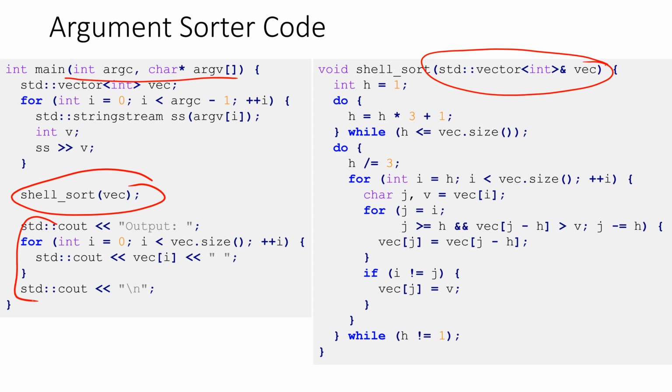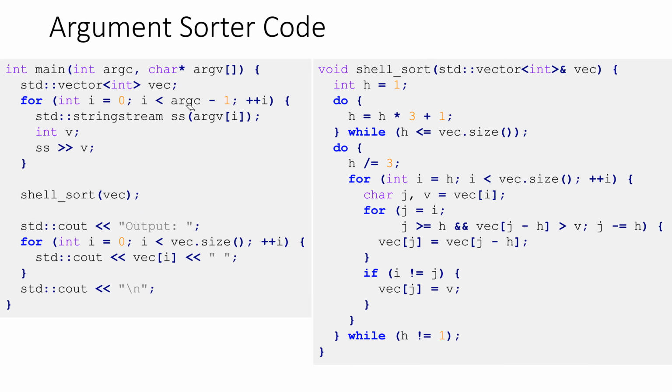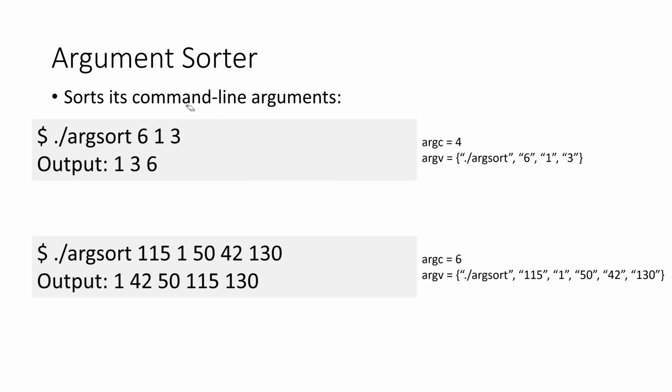So that's the high-level structure of this program. Get a bunch of integers from the command line, sort them using this function, print them out. But what it does is not good. If we give it these input cases, we aren't getting the right values.